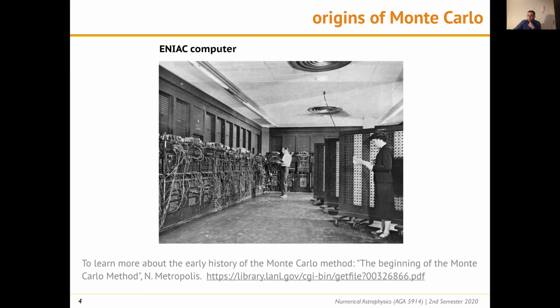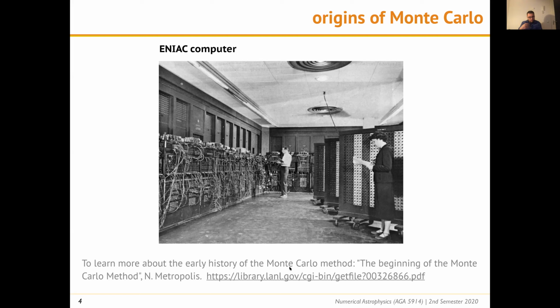Interestingly, the first Monte Carlo codes that were run here by these people I just mentioned were written in the old programming style, although it's not the programming we are used to. They had punch cards, and you had to put in like a million of these cards and then let the computer run.